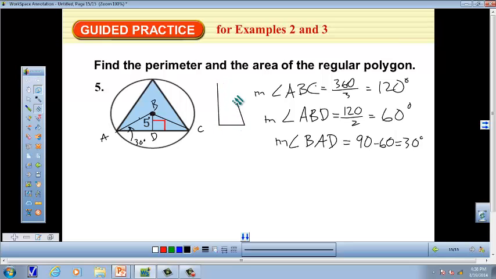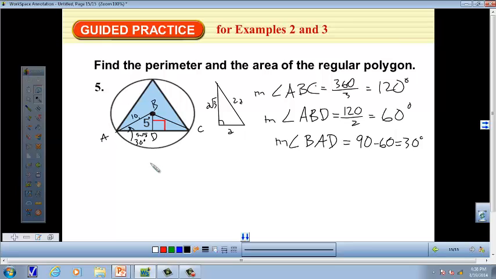But if I look carefully, in a 30, 60, 90 triangle, this is A, this is 2A, and this is A rad 3. So this side is the A, this side is the 2A, that makes this 10 here, and that makes this length right here 5 rad 3.